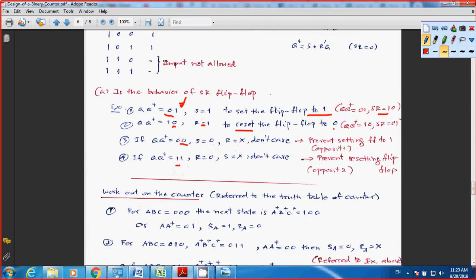And for Q Q plus is 1, 1, you want to prevent resetting. Resetting means you don't want the next state to be 0. So you want to maintain the logic of Q plus to be 1. So that means S equal to don't care state and R equal to 0. So that becomes X0.